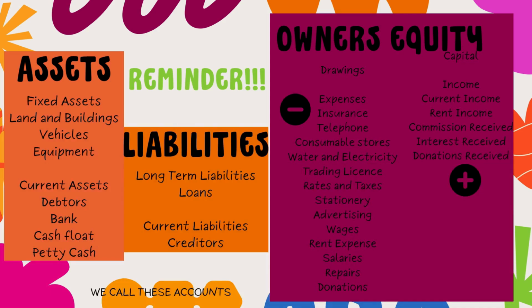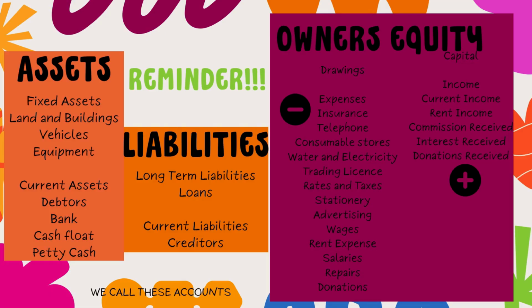This is a reminder. I have gone over this with you in the previous episodes. You must know what an asset is, you must know what a liability is, and you must know what forms part of owner's equity. Very important. You need to stick this up in your room somewhere, because if you know this, everything else is going to be so easy.